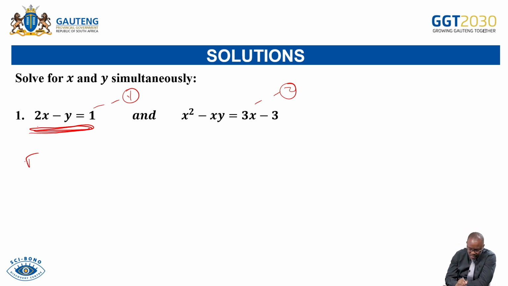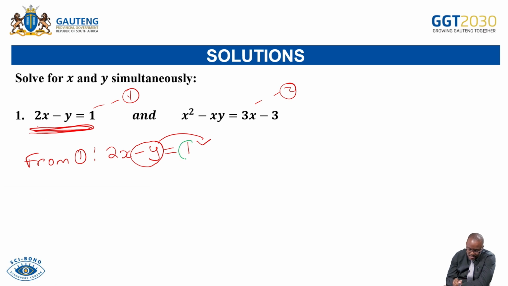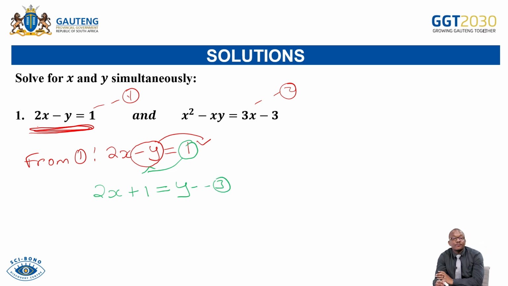So from equation number 1, we have 2x minus y is equal to 1. So one can say, okay, I can simply transpose this one this side, and I transpose this one that side. So we are simply going to have 2x plus 1, which is equal to positive y, and we call it equation number 3.